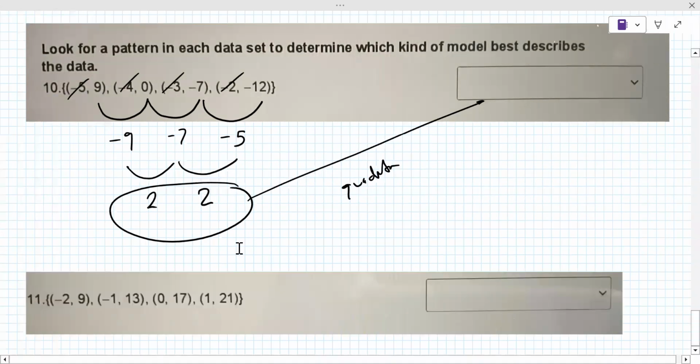I recommend using the same approach, and let me know what you come up with for this one, please.